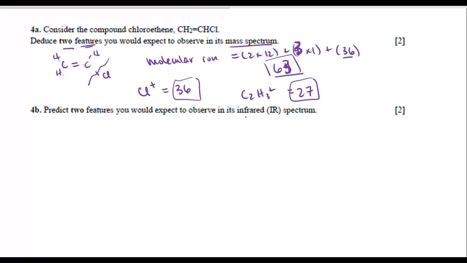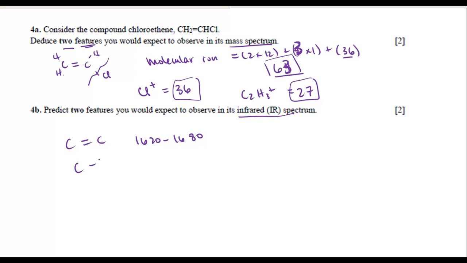What would I expect to see in the IR spectrum? So for this, I'm going to look at my table 26, and I'm going to think about the bonds that I have in chloroethene. There's a double bond between carbons. That's going to give me a peak between 1620 and 1680.